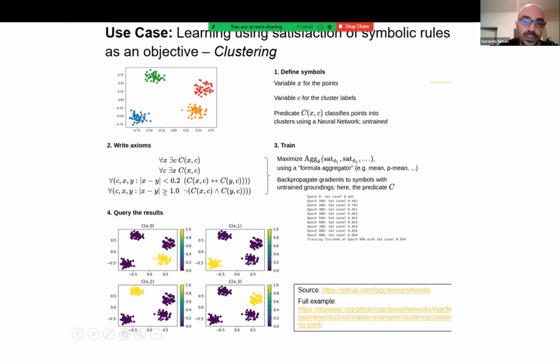And if the distance is greater than 1, it has to have different classes. Okay, so it can't have the same one. So this is again an interesting application, because you might want to have some other properties, and the way this ends up working is that the theory will find the best way to satisfy all of these things at once.